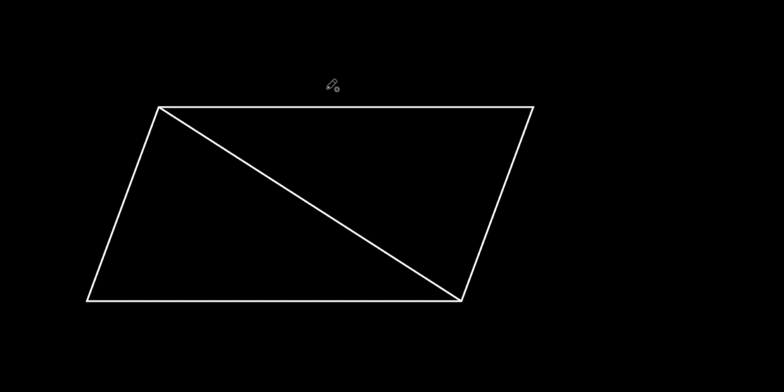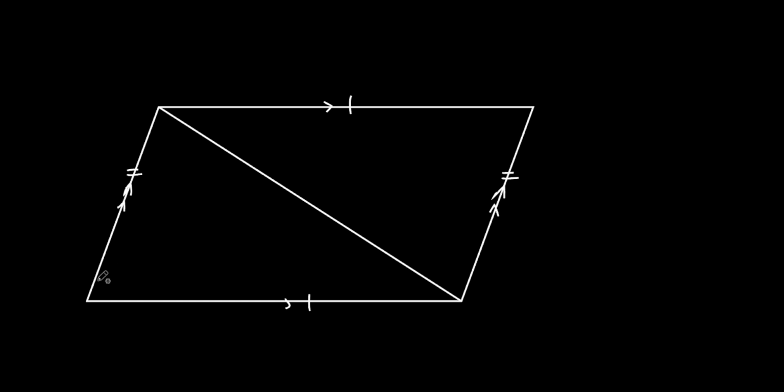This is a parallelogram, so you know that the opposite sides are what? Parallel to each other. You also know that the opposite sides are what? Equal to each other. So that would be equal to that one. This one would be equal to this one. Okay? You know something about the opposite angles of a parallelogram.